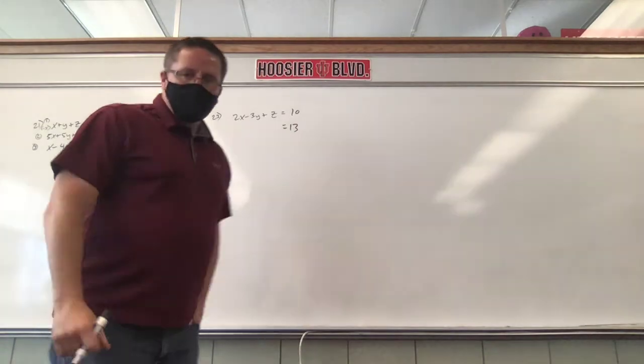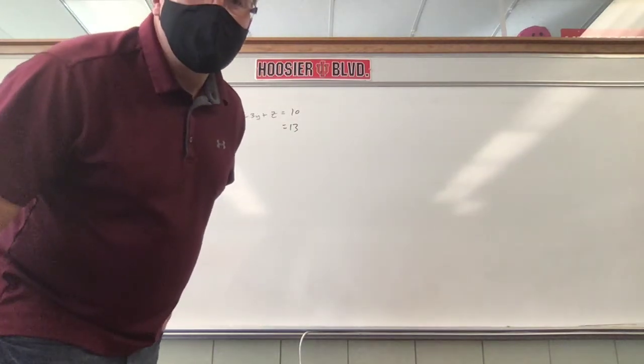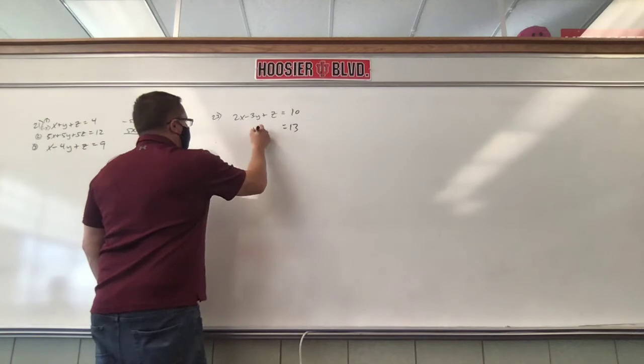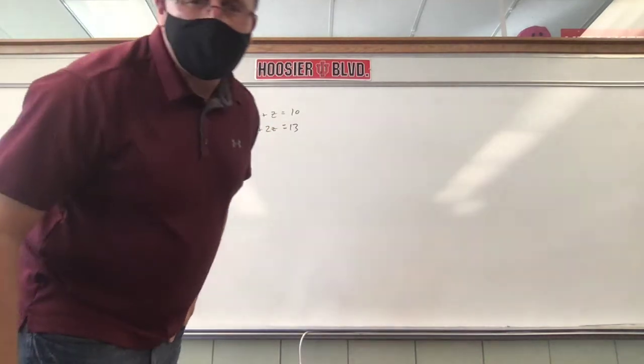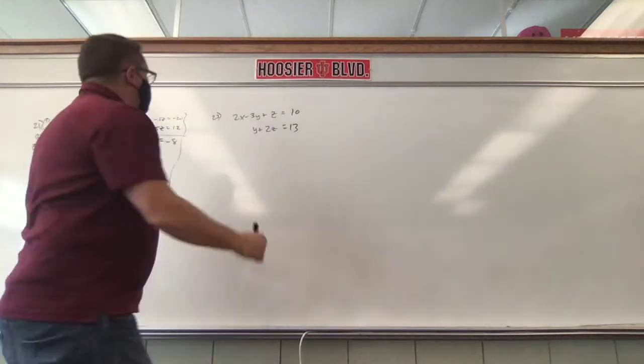And what equals 13? y plus 2z. I'm going to write them like this. You don't have to. I just lined up my y's and my z's. I think it's a little easier.